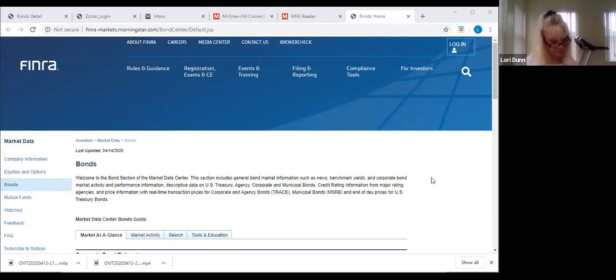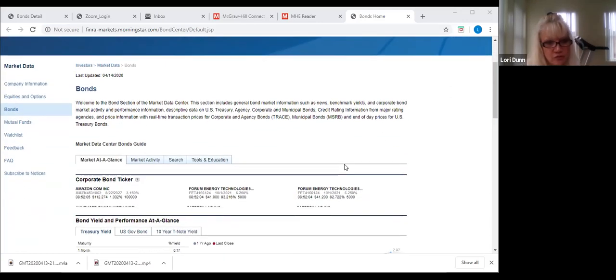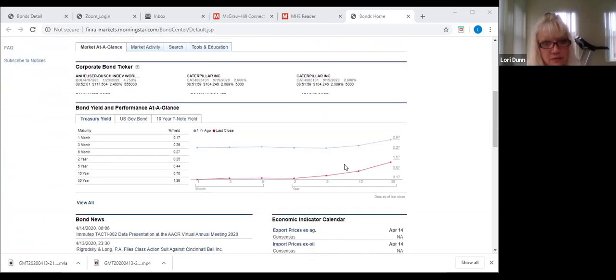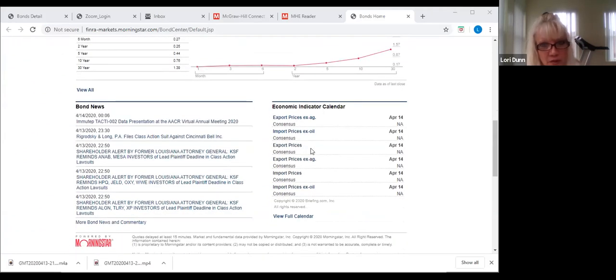They give us a snapshot from TRACE, the Trade Reporting and Compliance Engine, by reporting the most active issues. So here's some information. Market at a glance. There's Caterpillar, Bank of America, Apache Corporation, Ecom Holdings Ltd. We're going to take a look at some other bond, the one in your book, as a matter of fact.